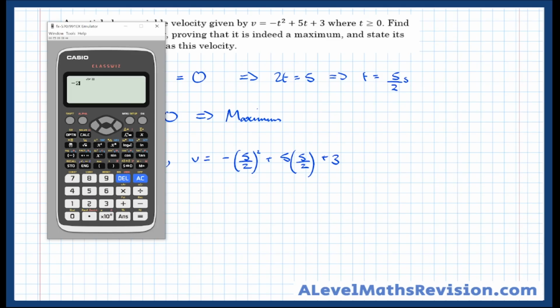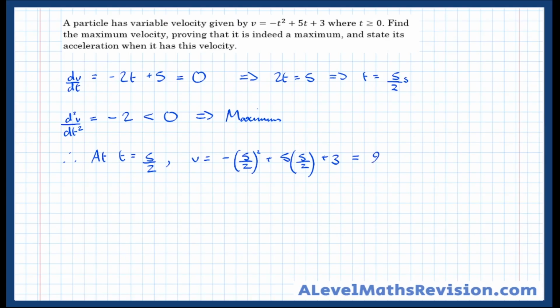So minus 2.5 squared plus 5 lots of 2.5 plus 3 equals 9.25 meters per second is the maximum velocity.